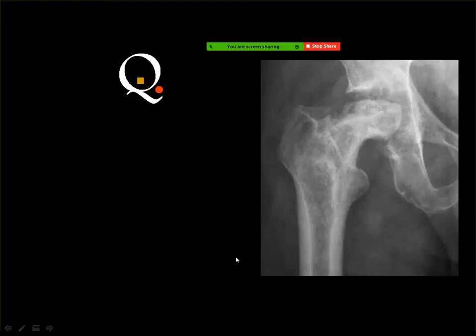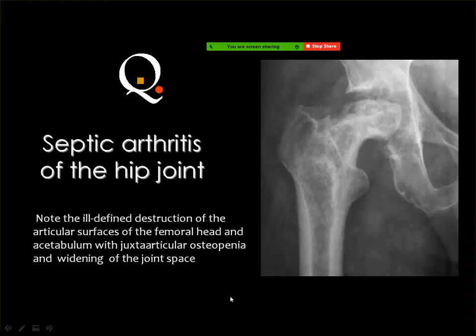septic arthritis is a very good possibility, and it was a case of septic arthritis, but I also want you not to diagnose such a case as avascular necrosis of the femoral head, because the changes are not in the femoral head only, but also in the acetabulum, and this means that this is an arthritic lesion, not a bony lesion.